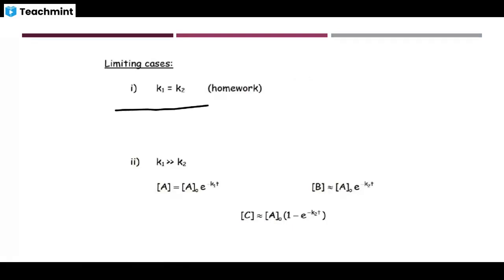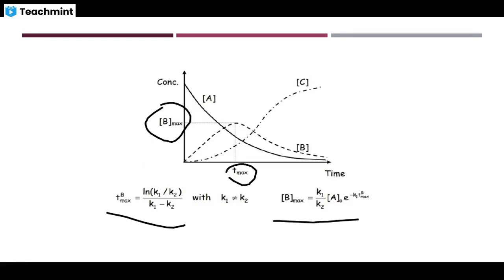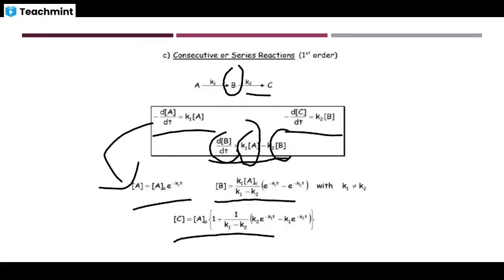Limiting cases: when K1 equals K2, solve it. When K1 is greater than K2, what happens? When K1 is fast, B is formed instantaneously, so K2 is the slow step, the rate determining step.